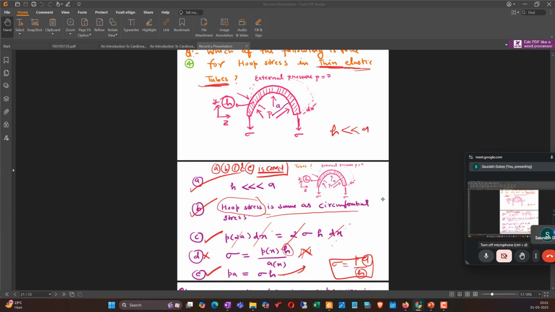seen this hoop stress is same as this circumferential stress, and h is less than a under that limit.